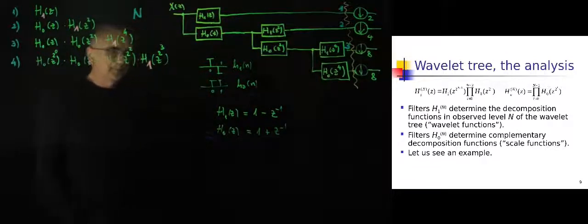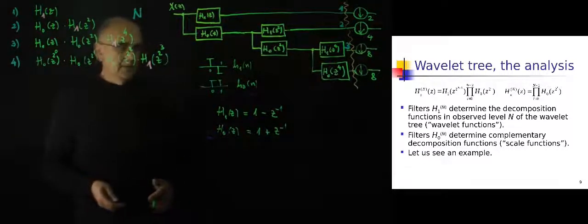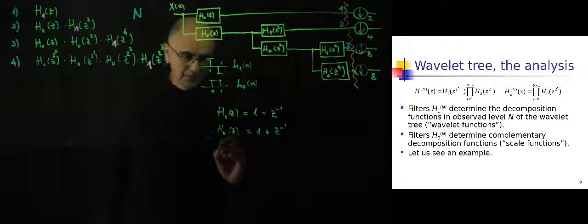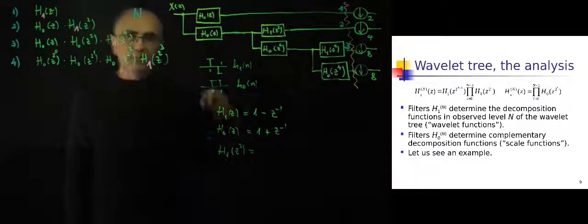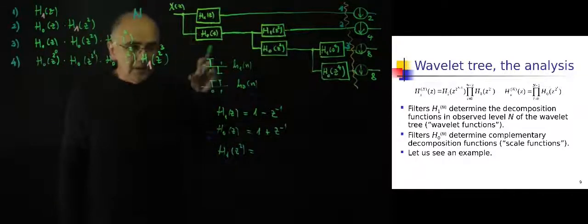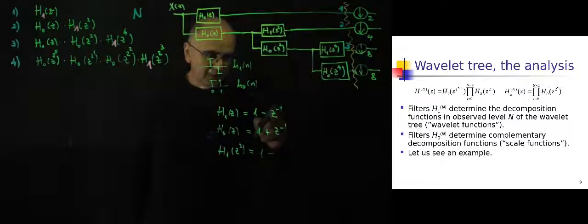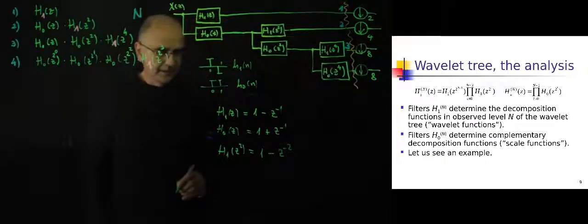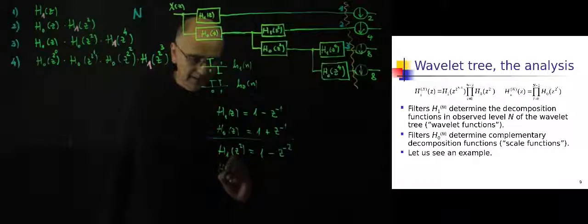Very simple. Let's rewrite it using squares. H1 of Z squared means that wherever we see Z on the right-hand side, we have to put Z squared in. So the result is 1 minus Z to the power of minus 2. And the other one, the low pass, looks like this.